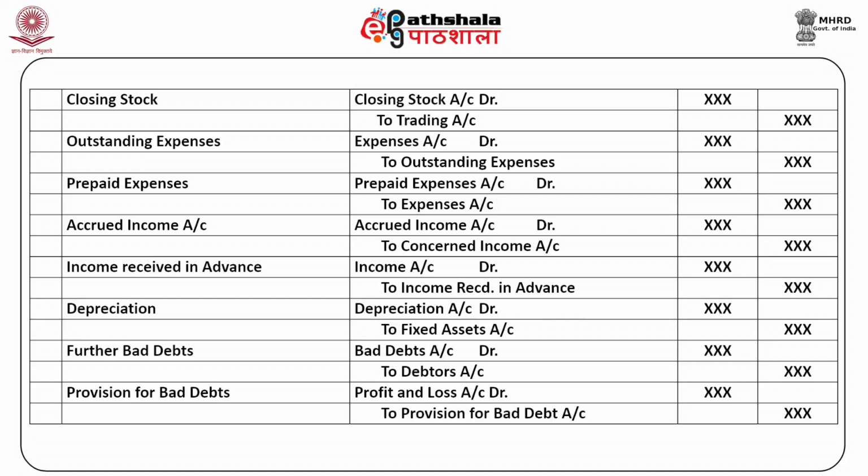Income received in advance, income account is debited to income received in advance account. Depreciation account is debited to the credit of fixed assets. Further, bad debts account is debited to the credit of debtors account. Provision for bad debts: profit and loss account is debited to the credit of provision for bad debt account.